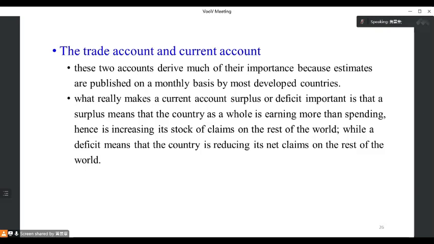If a country has a current account surplus, it means this country exports more goods and services to another country. If a country has a current account deficit, it means this country imports more goods and services from another country.